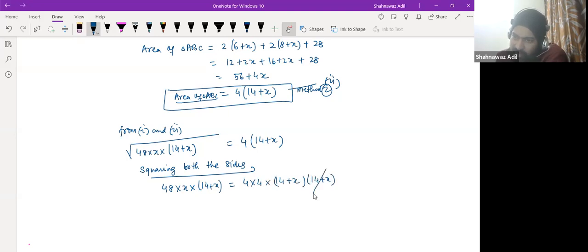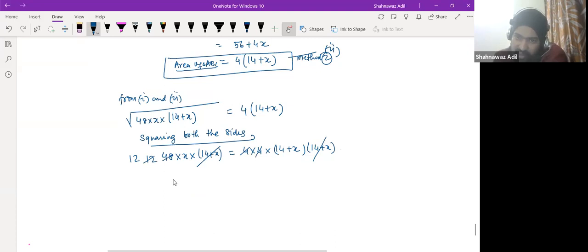So this 14 plus x and this 14 plus x will cancel. So what we will get? We will get 48x equal to 16 times 14 plus x.